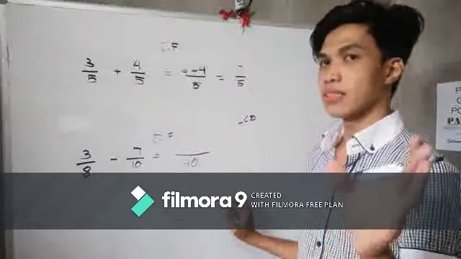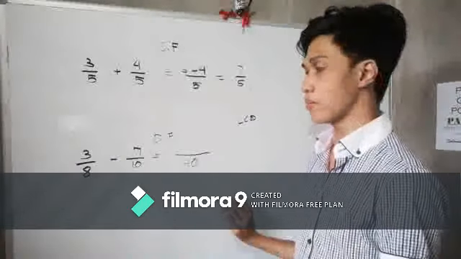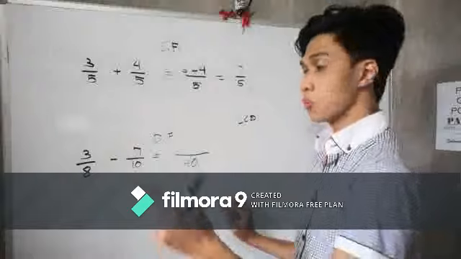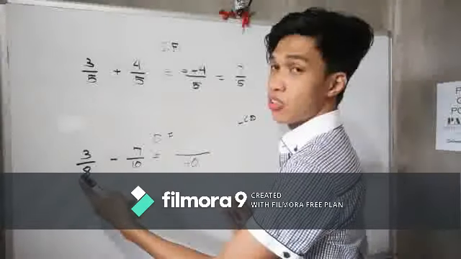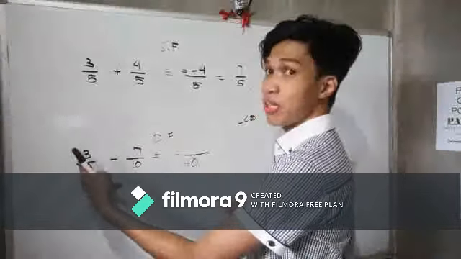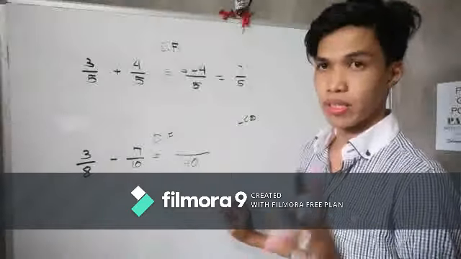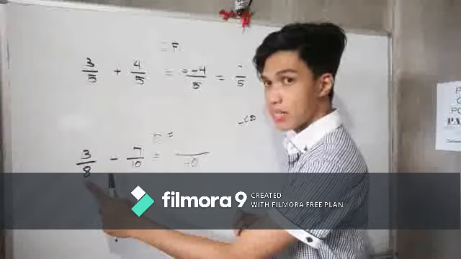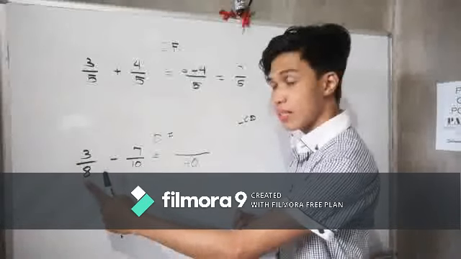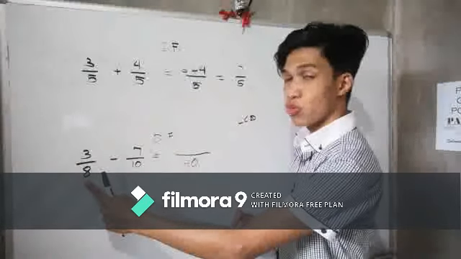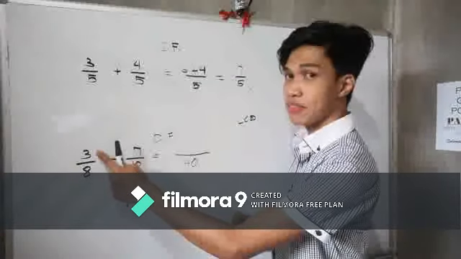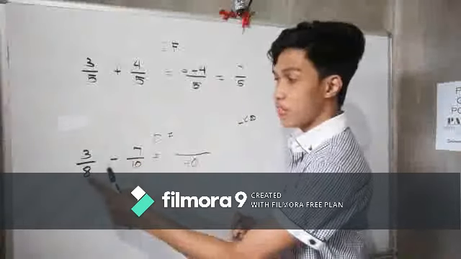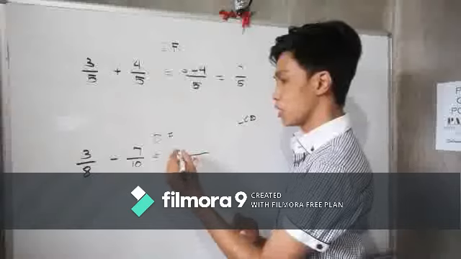After we find the LCD, we need to divide it by the first denominator, then multiply by the first numerator. Let's do that. 40 divided by 8 is 5, times 3, that would be 15.